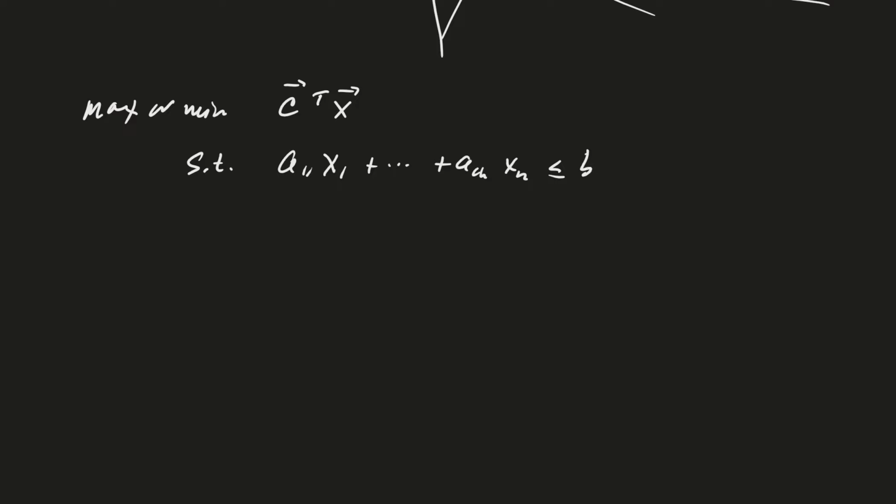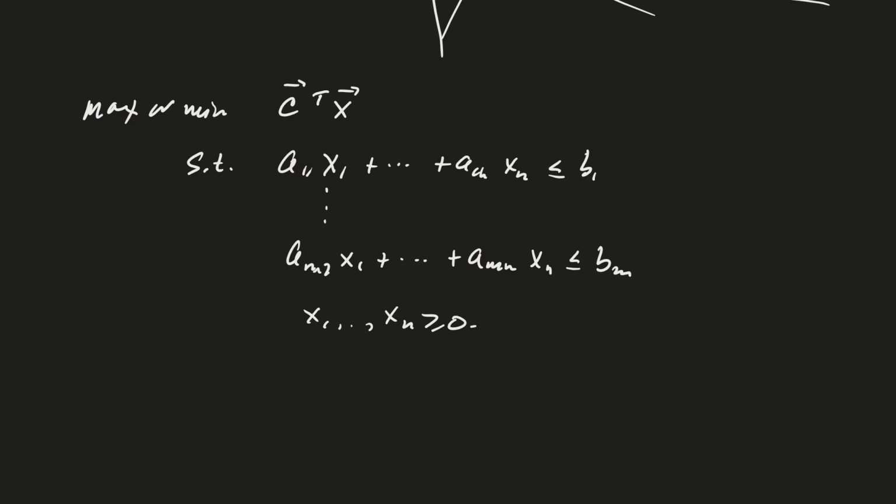When we say we're going to maximize or minimize this quantity, where we have a cost function times our x, such that we have a11 x1 plus ... plus a1n xn less than or equal to b1, and so on, up to am1 x1 plus ... plus amn xn less than or equal to bm, with x1 through xn greater than or equal to 0. Okay, so suppose I've got this as my linear program.